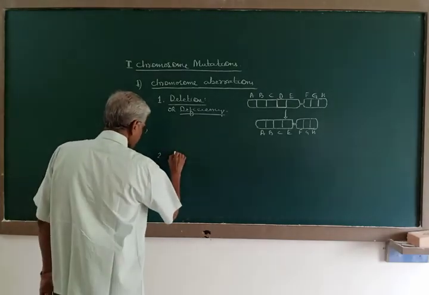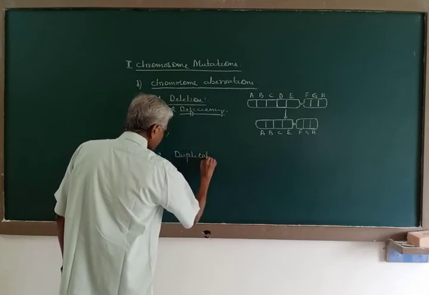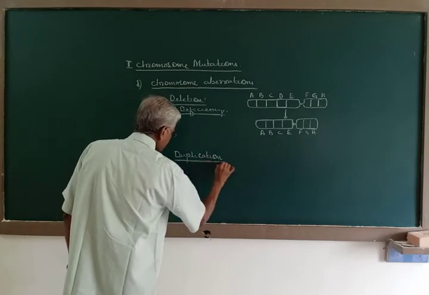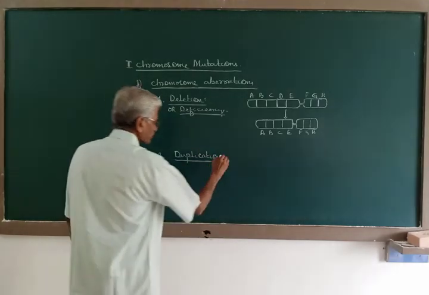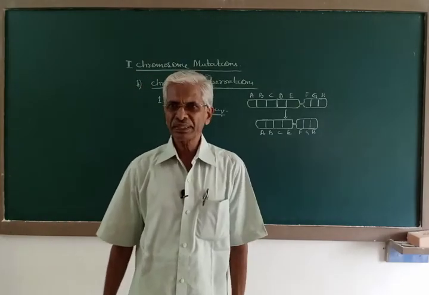Now, second, duplication. So, another form of chromosome aberration is duplication.